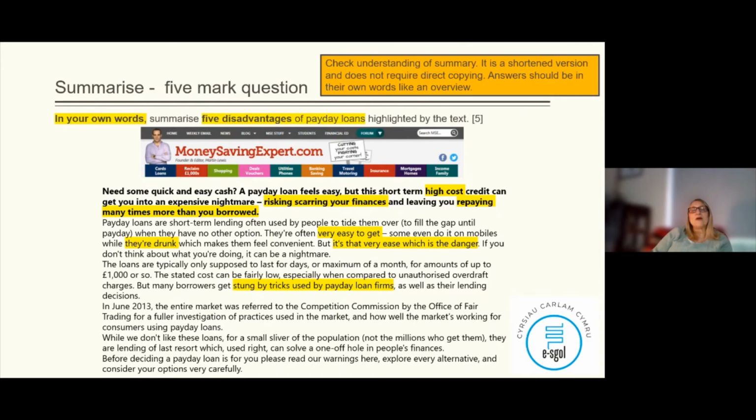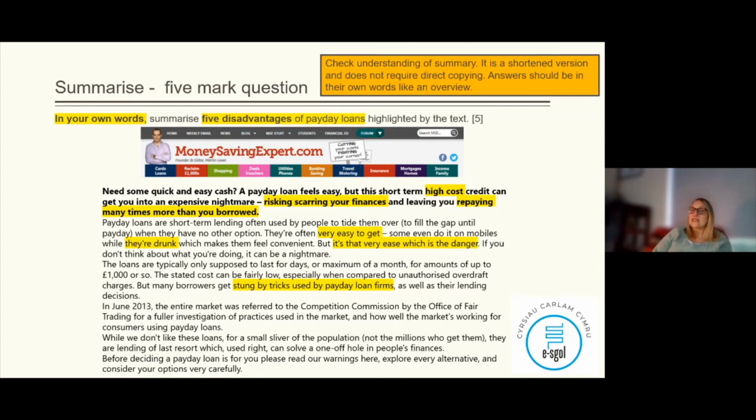Some even do it on their mobiles while they're drunk. So that shows that sometimes they're too easy to get. People can get them when they're under the influence of alcohol or whatever else, so they can find it too easy to get these loans. And then it highlights this again, that it's that very ease which is the danger.